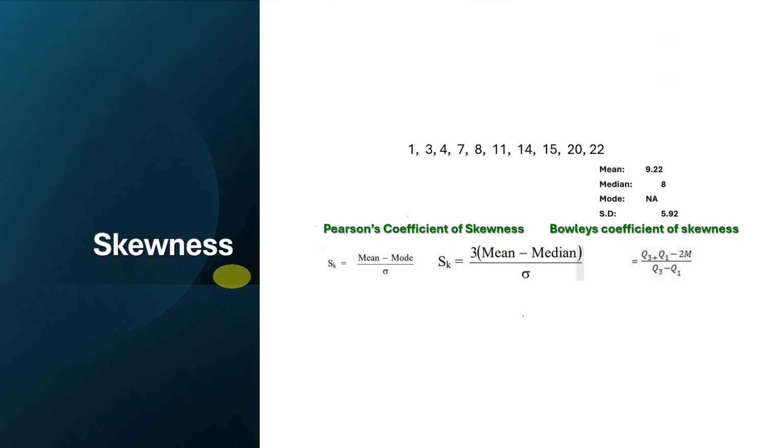Now let's understand by the definition, example, and the formula. So this is the data we have. For example, in your exam, you have this data. We have already calculated on this data. The mean of this data set is 9.22. The median is 8. Mode is not available.